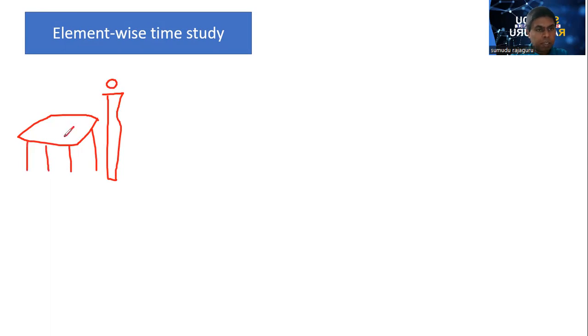On the table we put a marker pen, and from that person, within a reasonable distance, there is also a whiteboard. Whiteboard here, person here, the table nearest to the person, and on the table a marker pen.